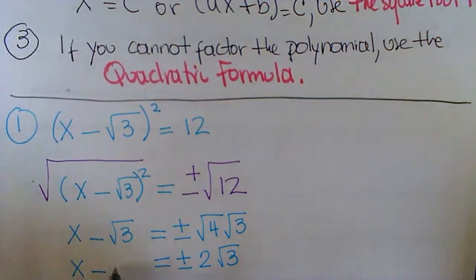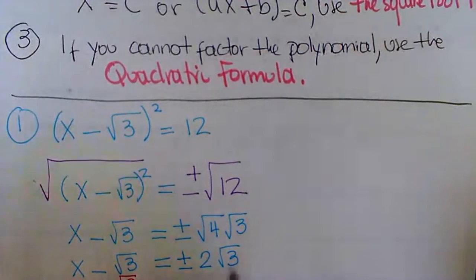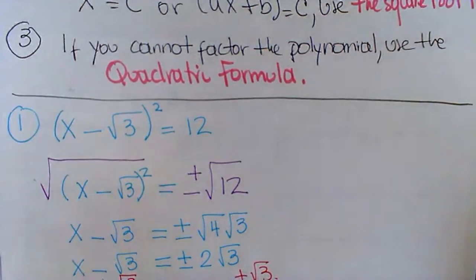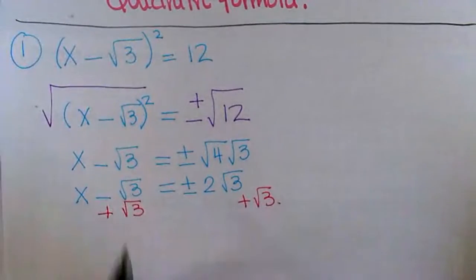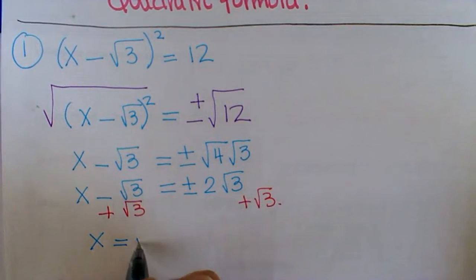Now, let's isolate the x. So we're going to be adding the square root of 3. So it's going to be x equal to what?